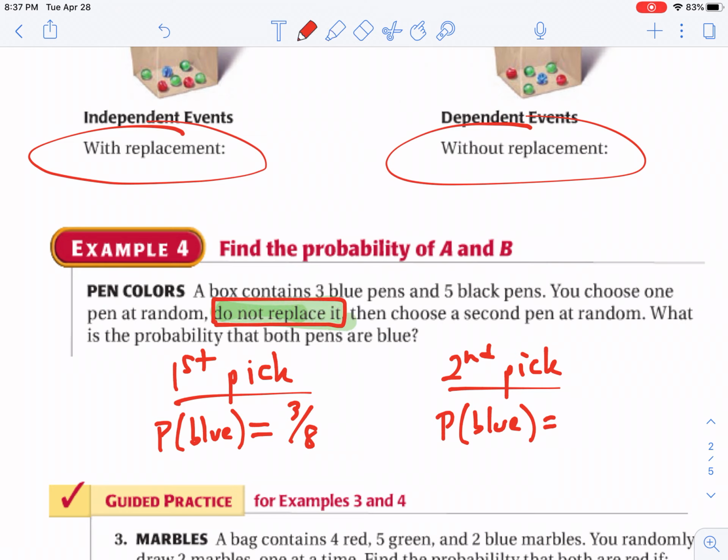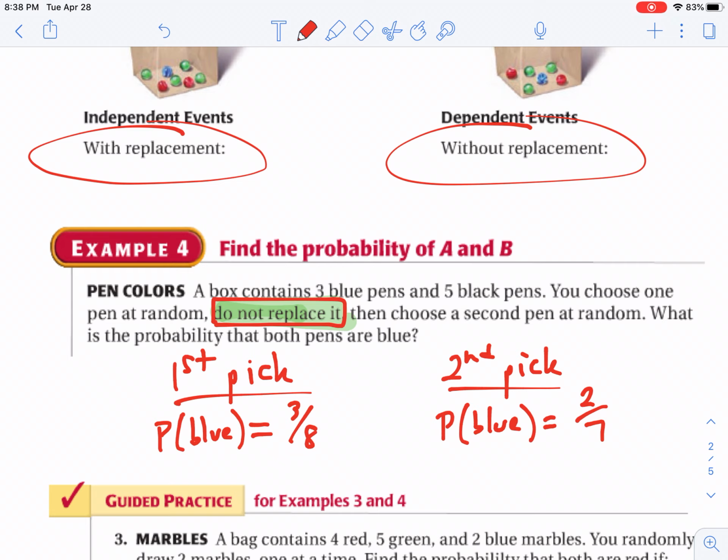So now, if we pick the blue on the first one, that means there's one less blue to pick from for the second choice because we're not replacing it. We're not putting it back in the bag. So now getting a blue is going to be, you only have 2 blue pens left out of 7, okay, for the second pick because it says do not replace it. That means take your first pick, which is going to be a blue, and leave it out of the bag, which means you only have 2 out of 7 left that are blue.